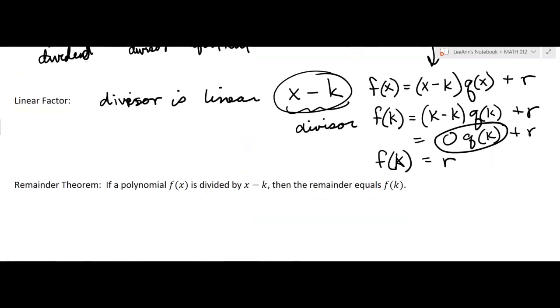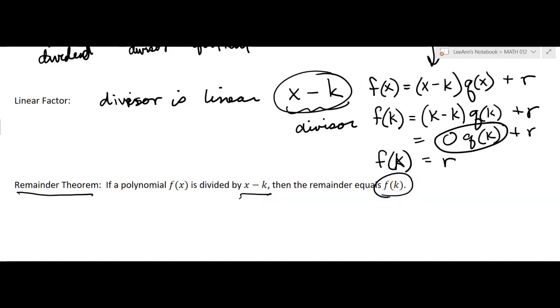So we have this theorem, it's called the remainder theorem, and it's a good one to know. And it says just what I was trying to explain to you. If a polynomial is divided by x minus k, then the remainder equals f of k.